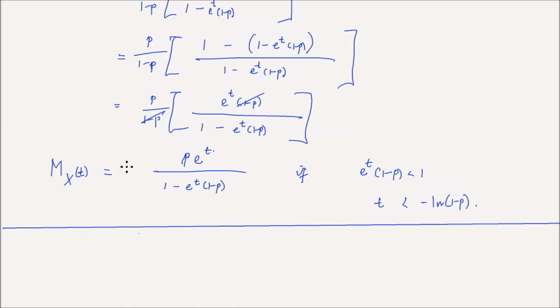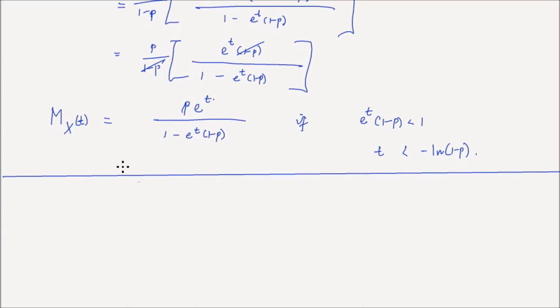We have the MGF. Now let's go ahead and find the expected value of the random variable x. Okay, the expected value is, x is discrete, so the expected value is the sum over all the support of x, which is x starting from 1 to infinity, of x times the PMF. That's one way to find the expectation of a random variable.